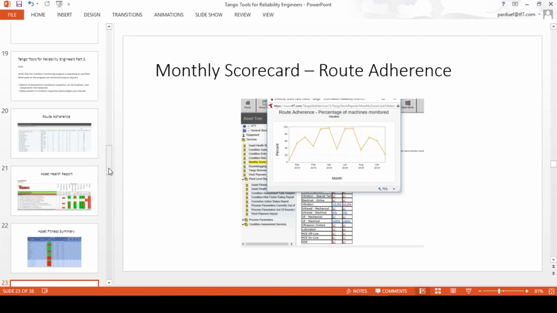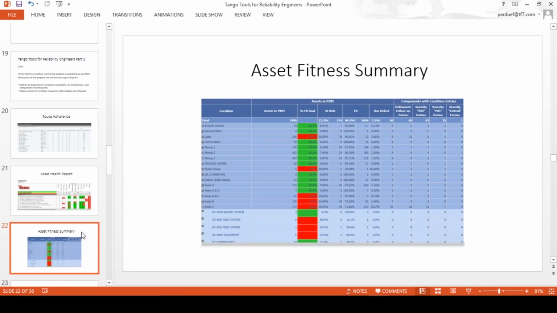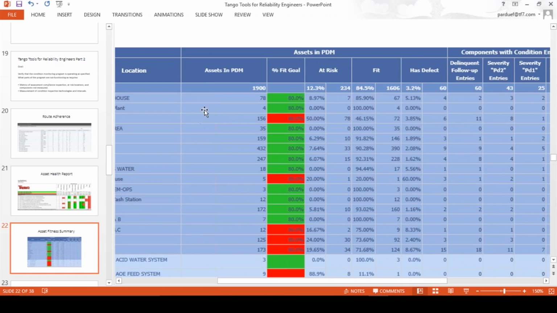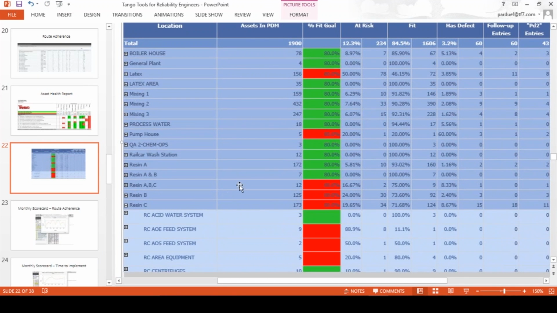But where does that all roll out to in Tango? There's a couple of ways to look at that. One of the ways I like to look at that is the asset fitness report. Let's see if we can blow this up on the screen a little bit. As you can see, this is giving me my areas of the plant.